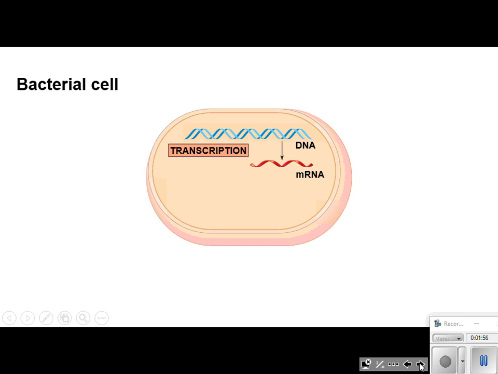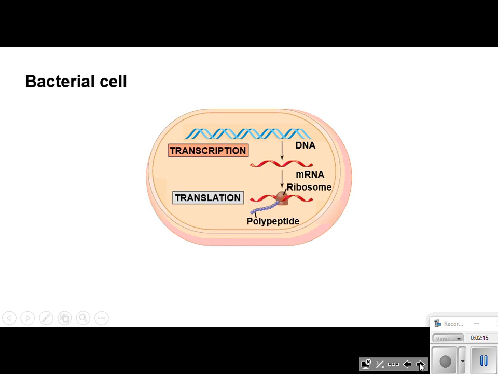They do not have what? A nucleus, right? So, a bacteria cell is a prokaryotic cell. It does not have a nucleus. So, the DNA is transcribed into RNA, and then translation of the RNA into a protein.